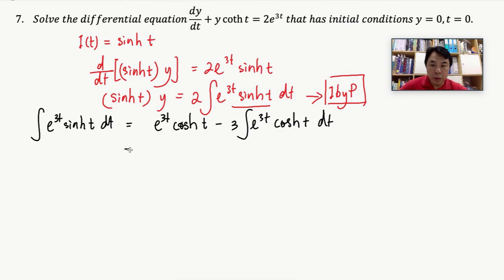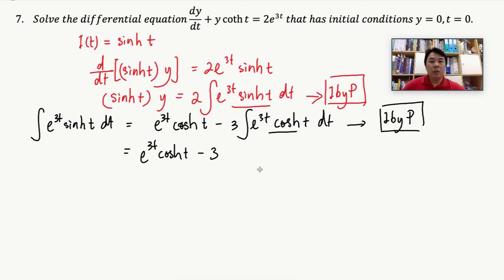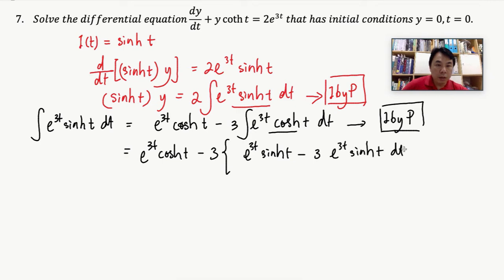And then of course, I'm going to further my integration by parts on this section here. So on this section, I'm going to apply another integration by parts. So this is how it looks like. I'm going to put a big bracket here. There will be e^3t sinh t minus 3e^3t sinh t dt.